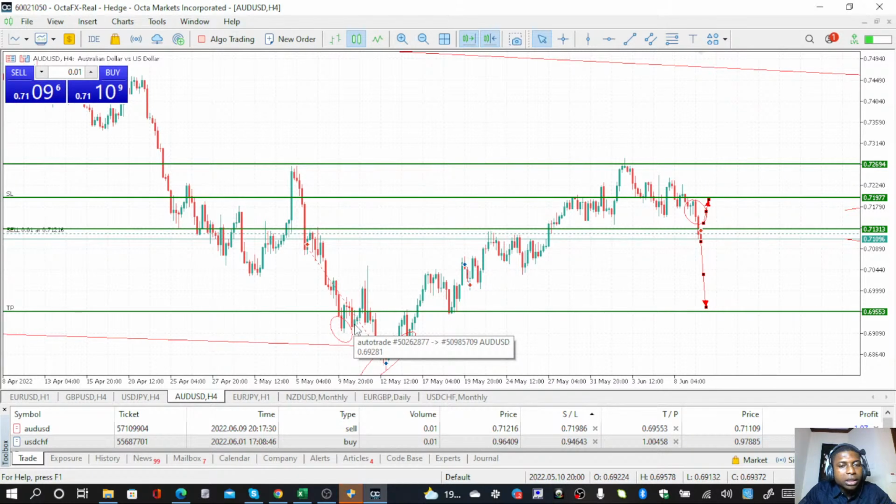Now it came down to this level. This level here is the demand zone, because more persons started demanding the Australian dollar and driving the price up. So the supply zone is synonymous with the resistance level, and the demand zone is synonymous with the support level. Do you get that now?